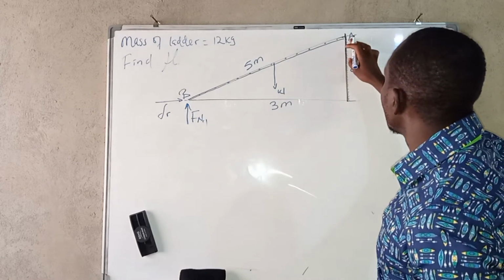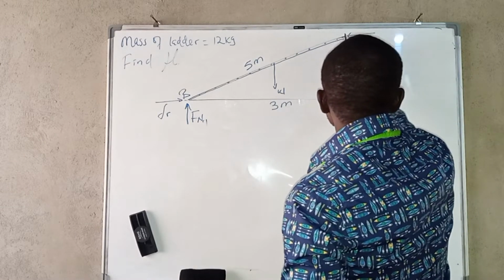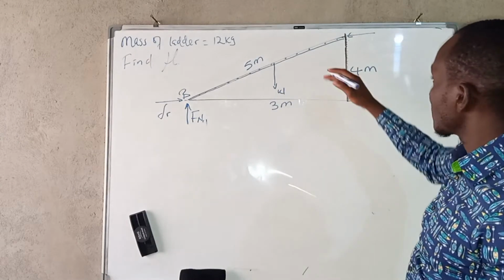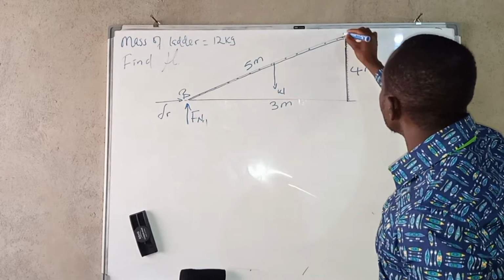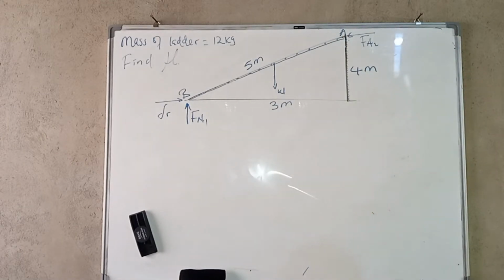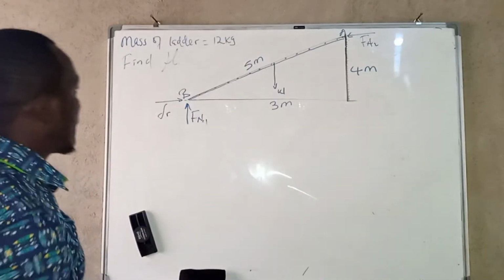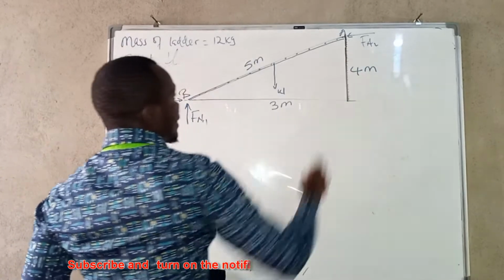We just have the force that is keeping this in equilibrium, which is Fn2. So this is point A. Here we have the Fn, the Fr, and the Fn.